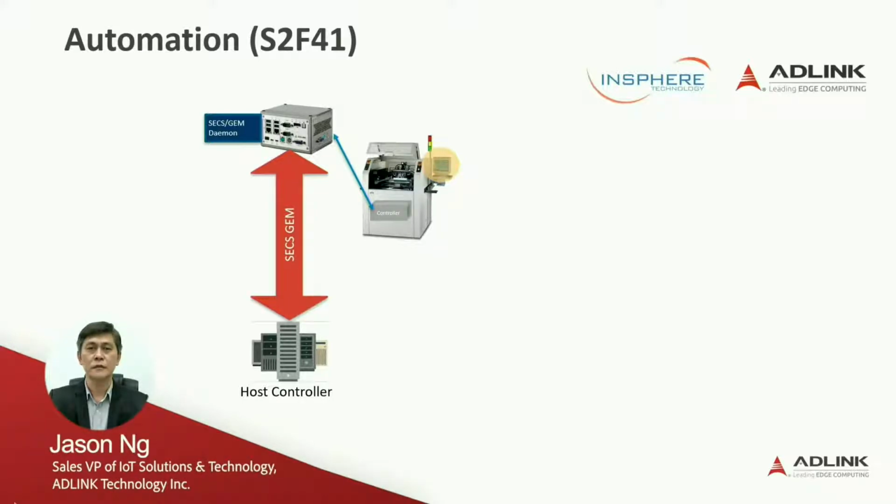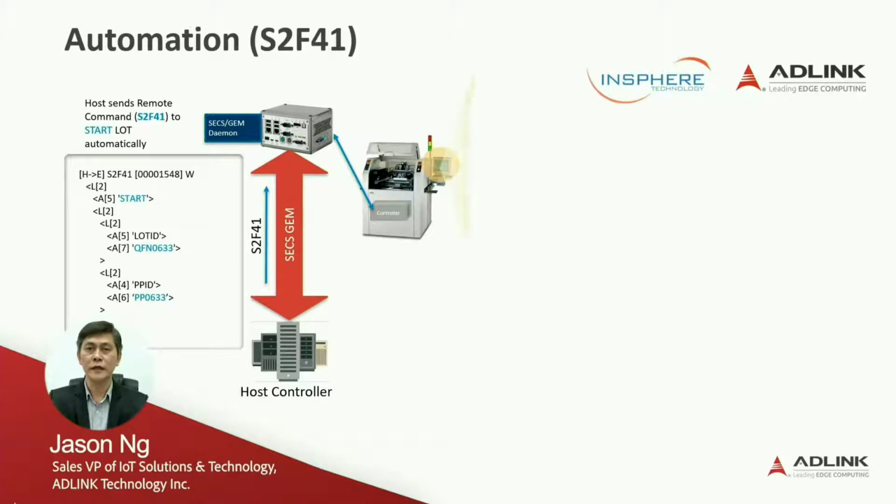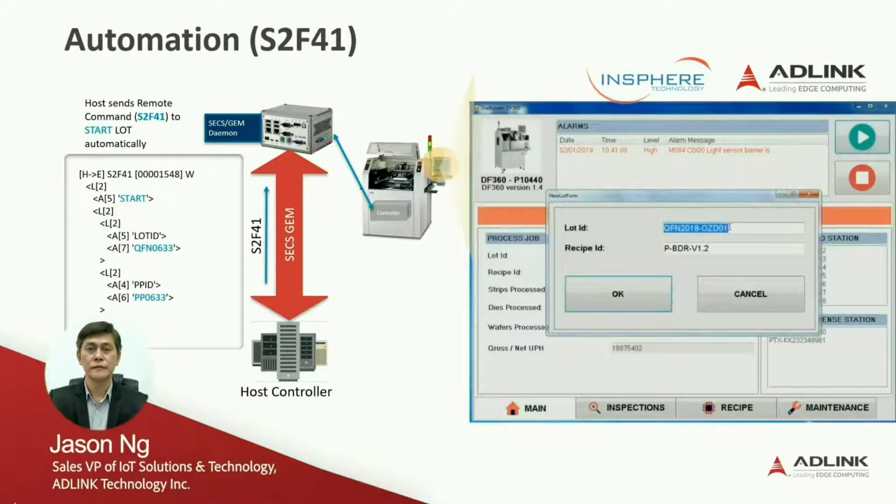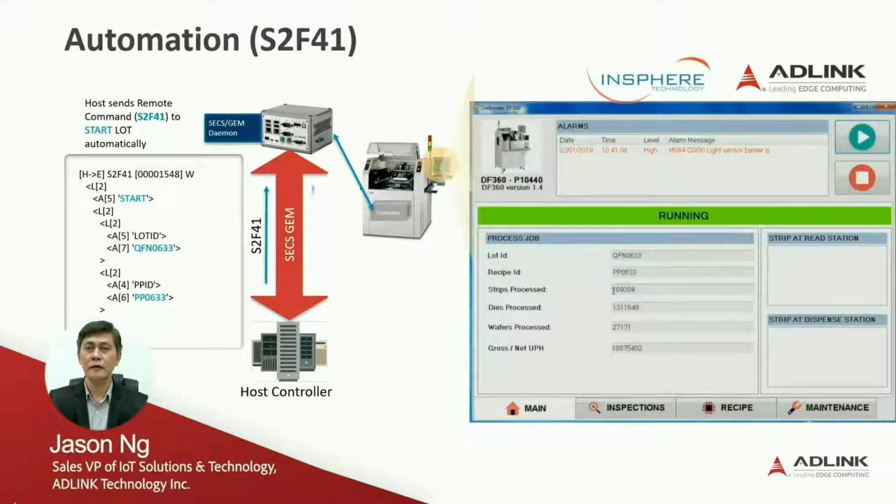So, step 1, the host controller sends an S2F41 together with the lot ID and recipe ID to DEX100. DEX100, upon receiving it, will automatically key the lot ID and recipe ID into the machine. Upon completion, it can start the machine to begin production automatically.